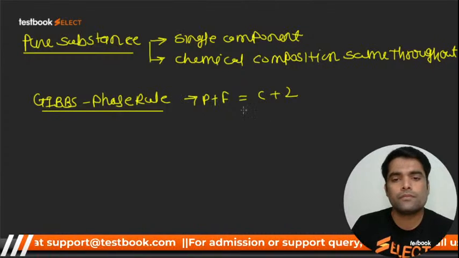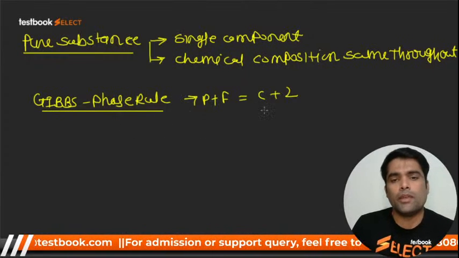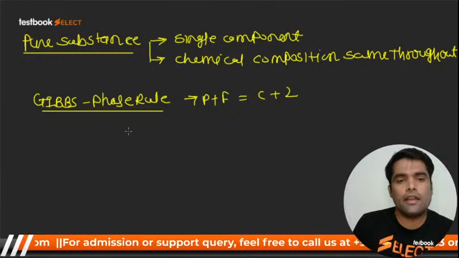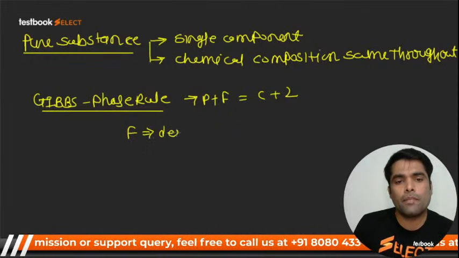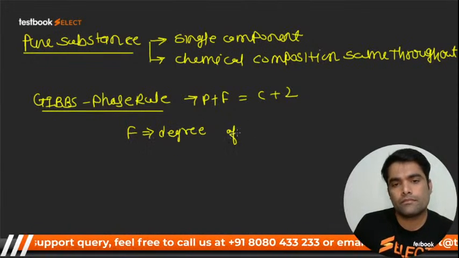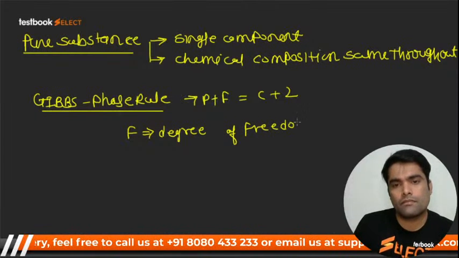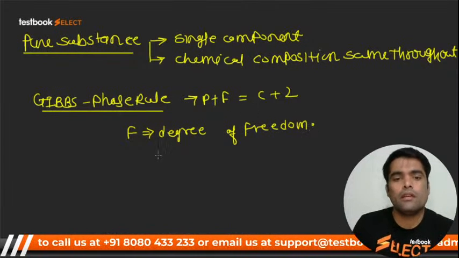Here we go. Now, my dear, listen to me. P plus F is equal to C plus 2, right? Here F is the degree of freedom. What is degree of freedom?